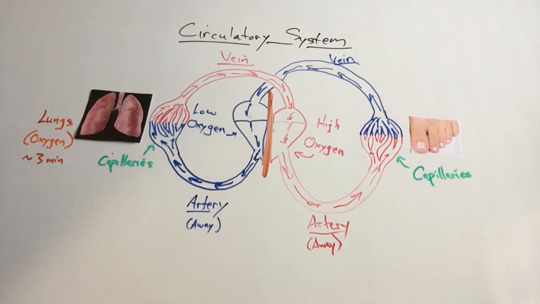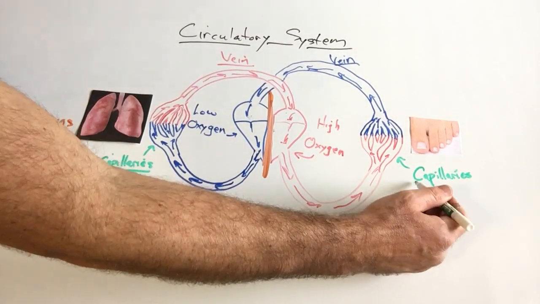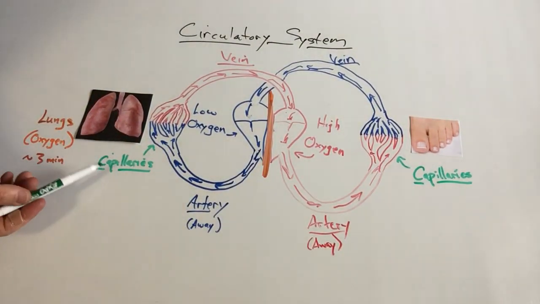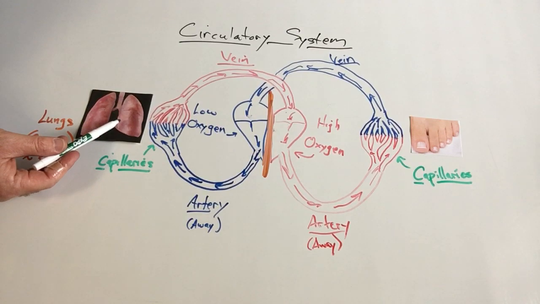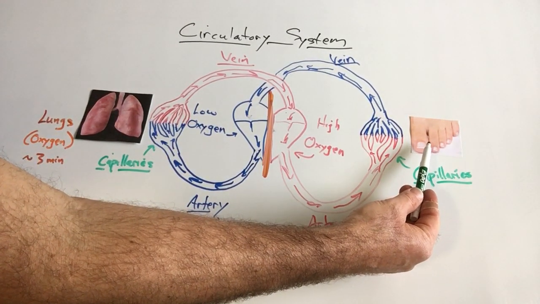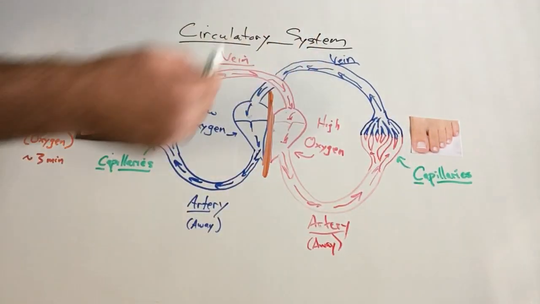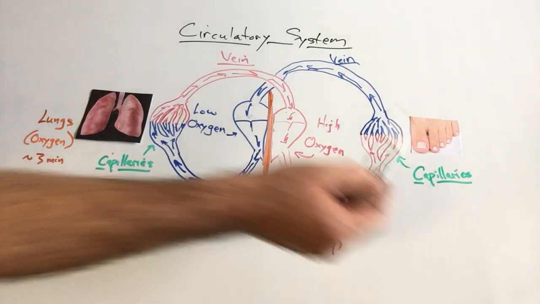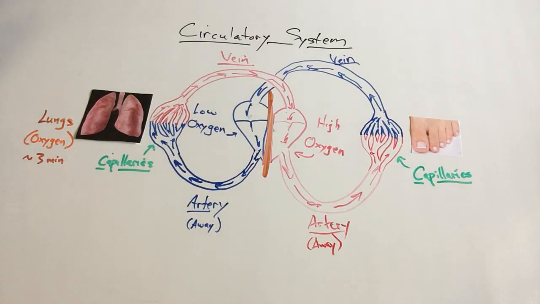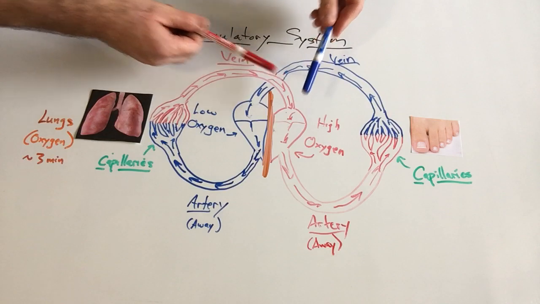We hit these capillaries where the blood slows down enough to actually drop off stuff, whether it's picking up oxygen here and dropping off carbon dioxide, or dropping off water, air, and nutrients here and picking up waste. It's only in the capillaries that blood goes slow enough to actually drop stuff off and pick stuff up. And then it goes, boom, back into the high-speed veins, which bring it back again.